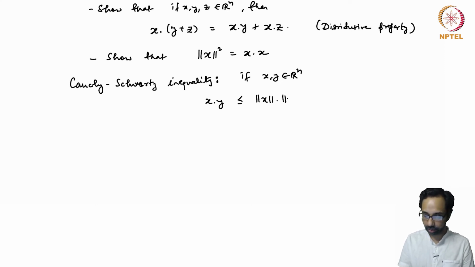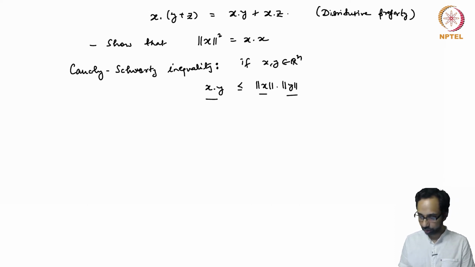Now x dot y is a real number, and the Euclidean norm of x is a real number, and the Euclidean norm of y is a real number. So this inequality is in the real numbers. So let us try to prove this Cauchy-Schwarz inequality.